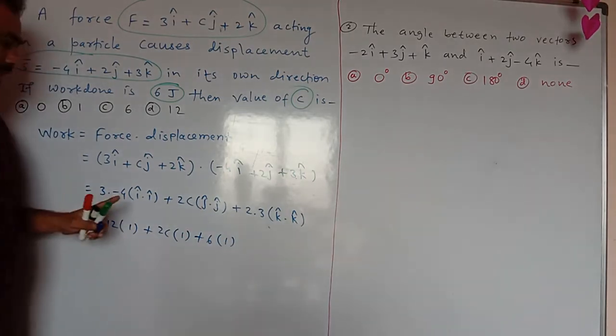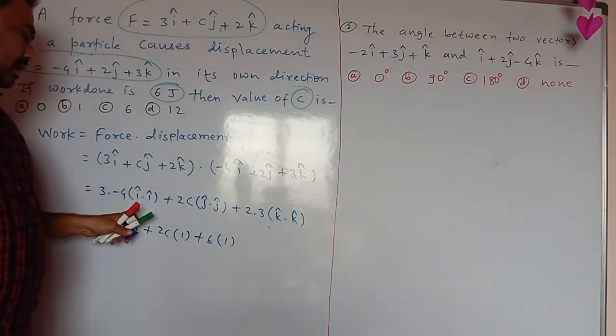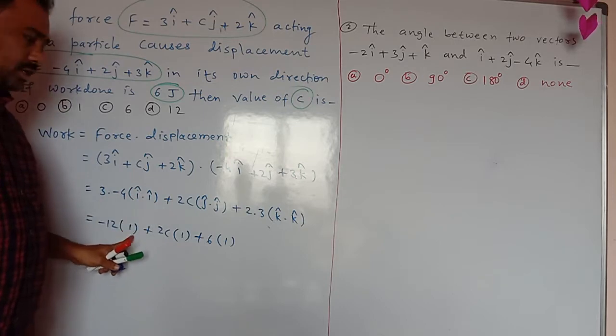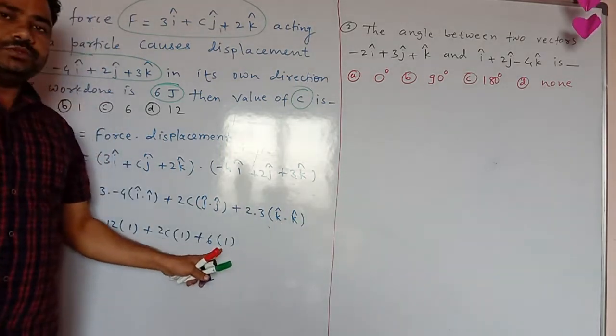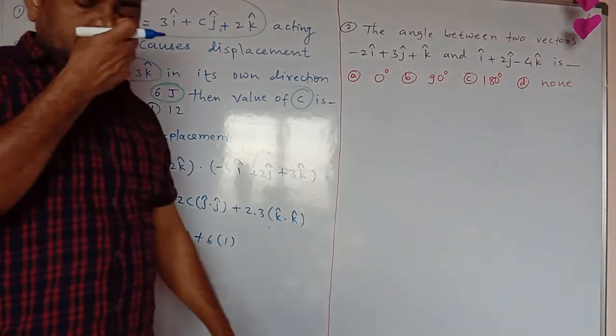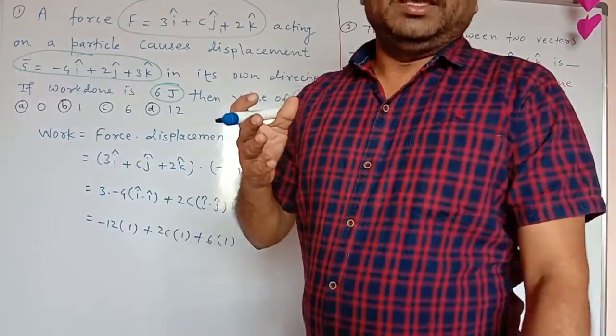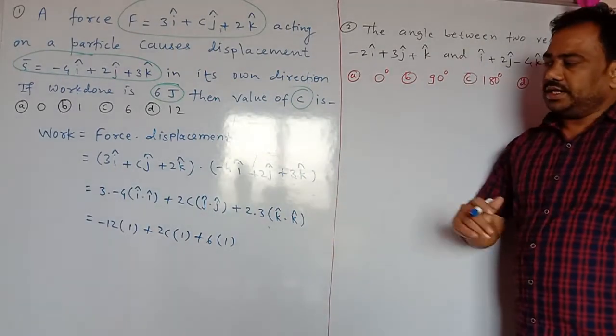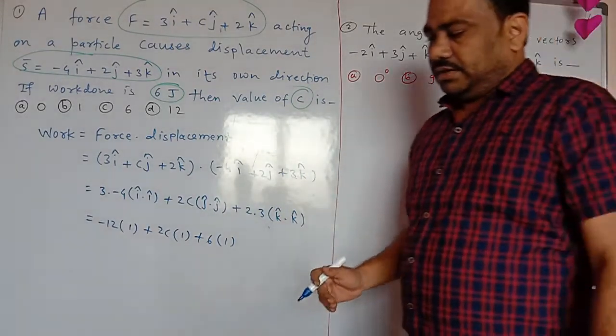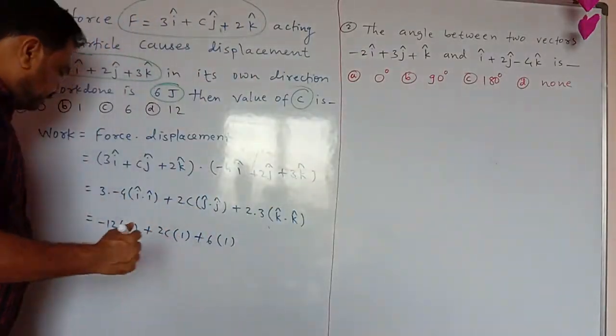You should remember: i cap dot i cap is 1, j cap dot j cap is 1, k cap dot k cap is 1. These are the values we already saw in the characteristics of dot products. So we are writing these values.